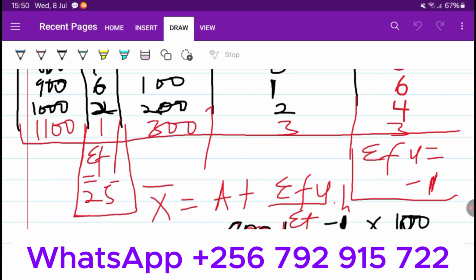Of course, if you work it out, this is going to be negative 100 over 25. That gives you a negative 4. Of course, 800 minus 4 gives you 796 times the 1000, because these values were given to us in thousands. That will give you 796,000 Ugandan shillings.